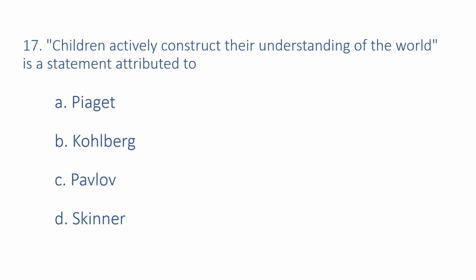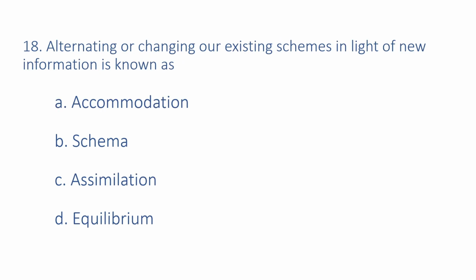Children actively construct their understanding of the world is a statement attributed to Piaget, Kohlberg, Pavlov, Skinner. The correct option is A, Piaget. Jean Piaget is the pioneer of cognitive constructivism. He argued that children are active learners who build knowledge through experience. Next question.